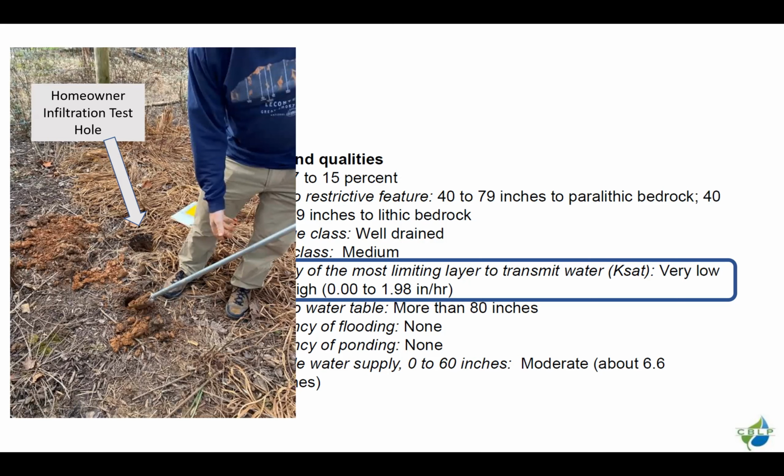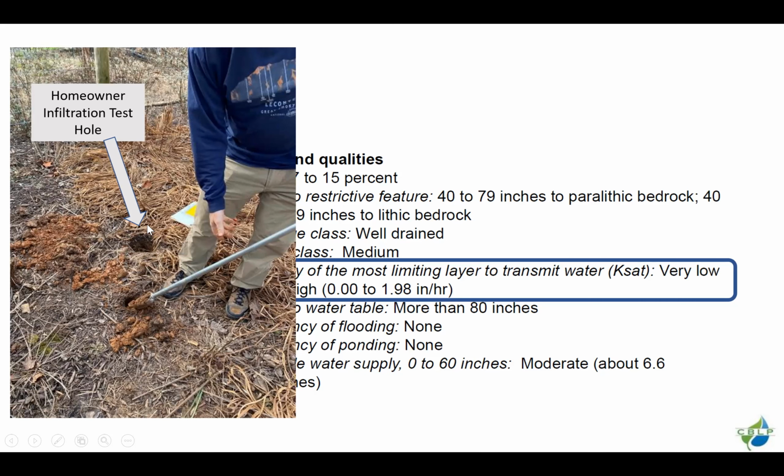The homeowner in this case took it on themselves to do their own infiltration test, and they came up with 6 inches per hour. Now, this is a very simple test. Dig the hole with a post hole digger and pour water and let it drain out, and then pour water in again and measure how fast it takes for the water to leave that hole.